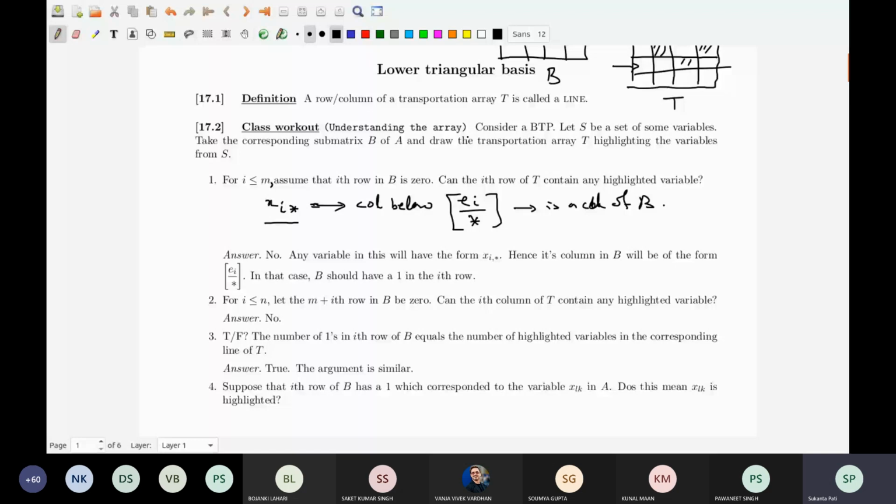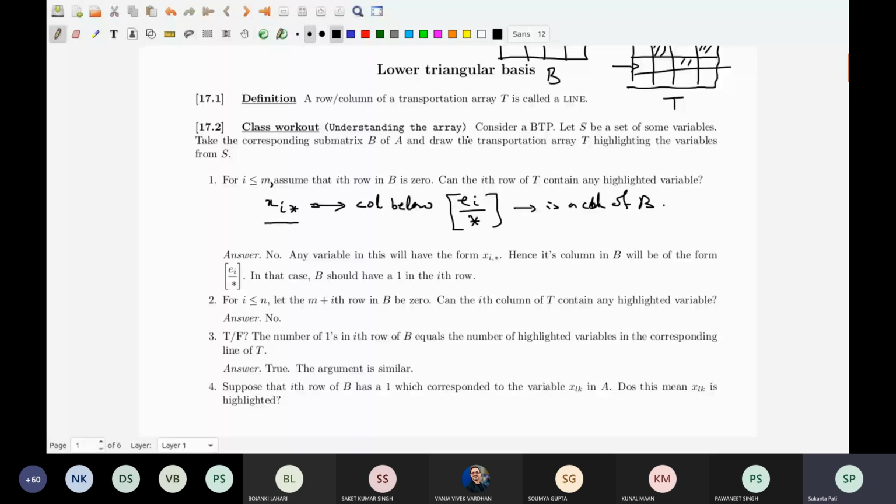So the number of ones in the ith row of B equals the number of highlighted variables in the corresponding line of T. And this is true. The argument is similar.